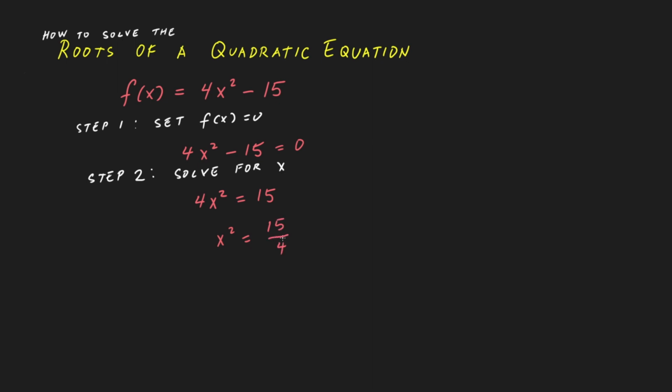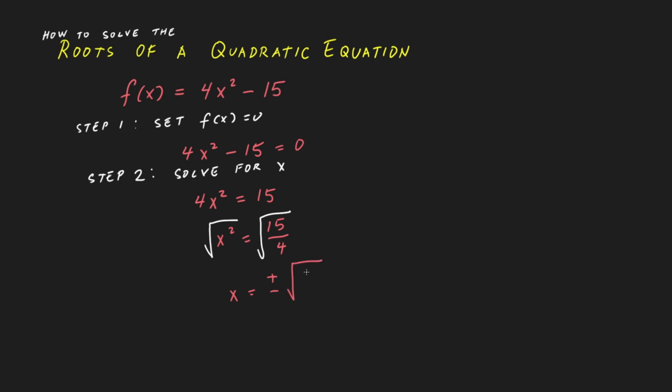So what's next? We square root both sides, right? So what is the square root of x squared? It's just x. So remember what we did before. If we are square rooting a number, we always take into account the positive and negative roots, correct?